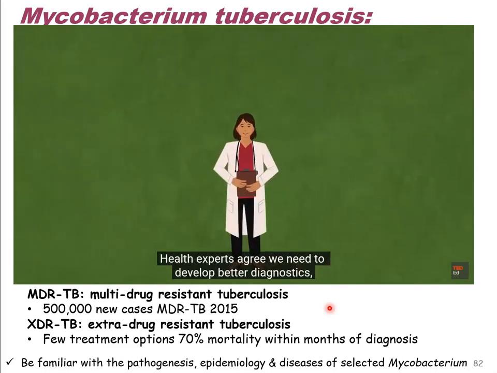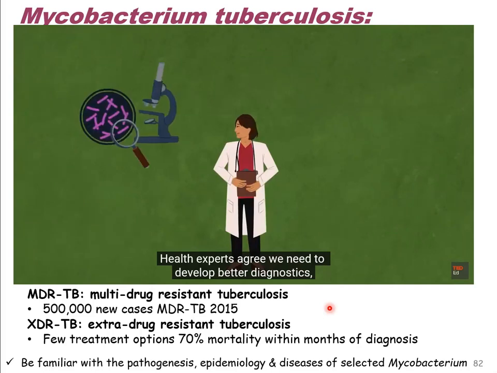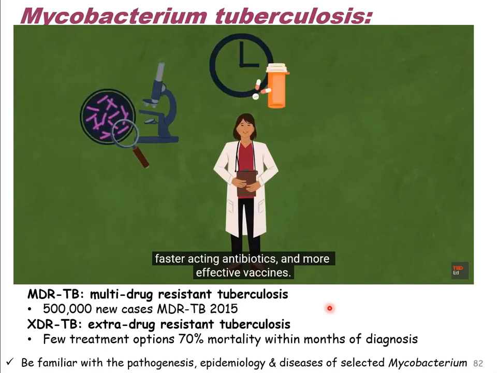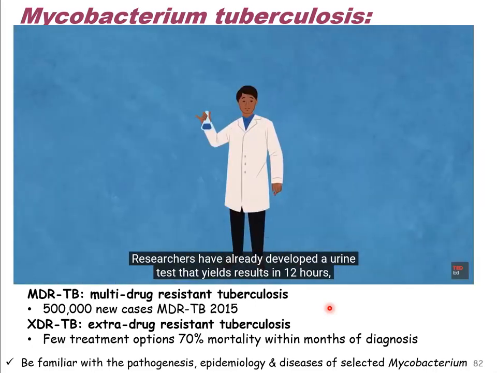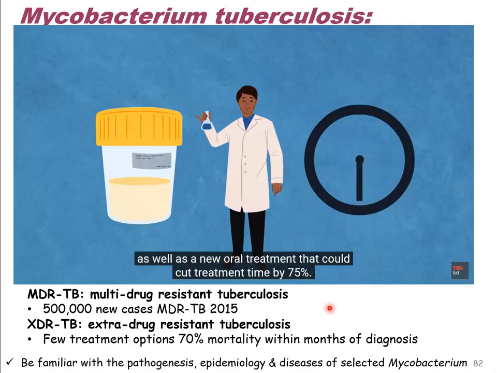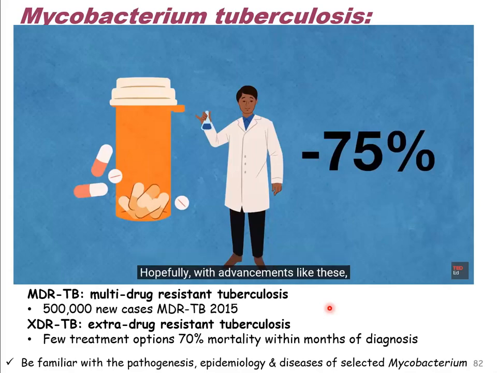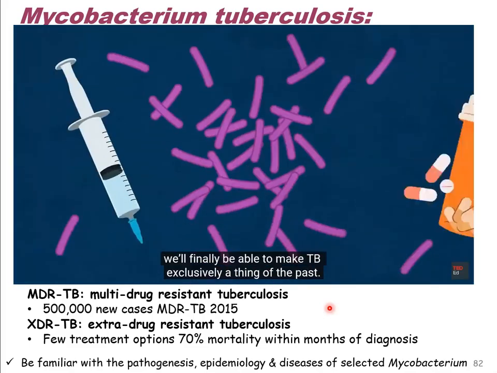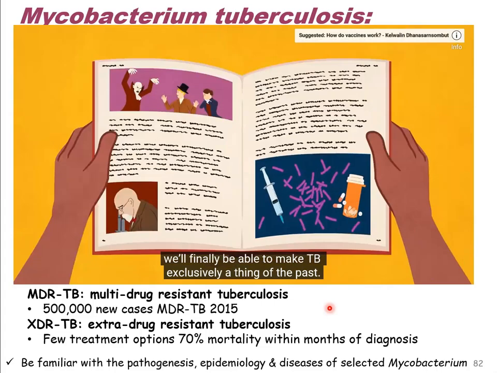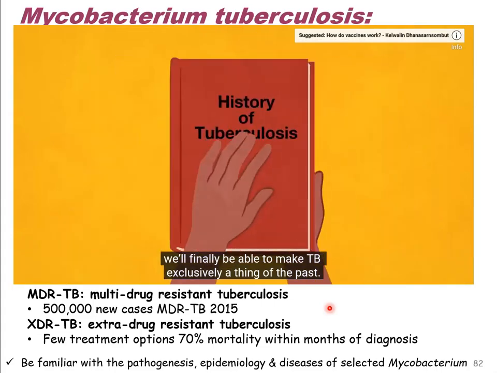Health experts agree we need to develop better diagnostics, faster-acting antibiotics, and more effective vaccines. Researchers have already developed a urine test that yields results in 12 hours, as well as a new oral treatment that could cut treatment time by 75%. Hopefully, with advancements like these, we'll finally be able to make TB exclusively a thing of the past.